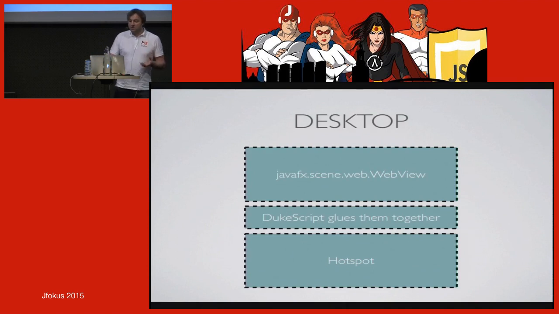So on the desktop, we are using the web view component from JavaFX to render the result. And we use the HotSpot virtual machine, just regular Java. So the JVM starts our application, we launch a web view, and in this web view we render the HTML page basically that defines the UI.